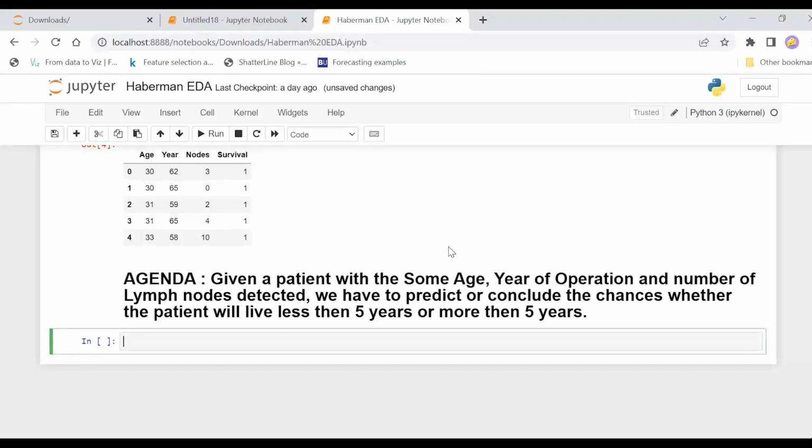They say, okay, my name is David, I am maybe 35 years old, I had an operation 2 months back, and I had 6 positive lymph nodes detected. What do you think? Would I be living less than 5 years or more than 5 years?